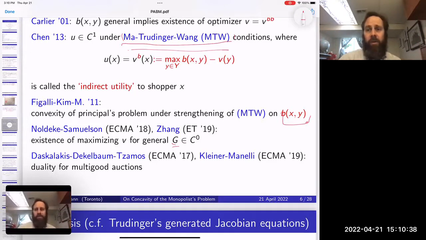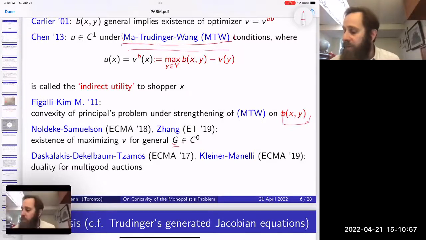And you'd like to figure out an optimal auction mechanism. For a single good, this was worked out by Roger Myerson in the early 1980s, 40 years ago. And if you're trying to auction several goods at once, then there's a duality principle discovered by Daskalakis and collaborators 5 years ago that in a way inspired our work.